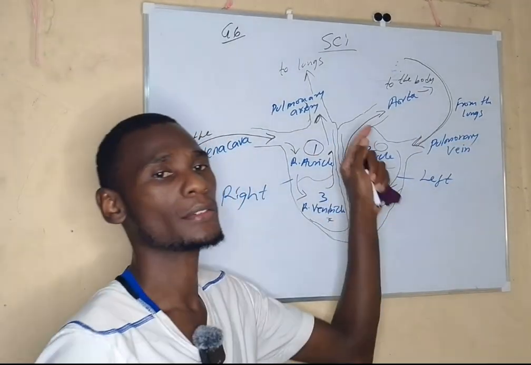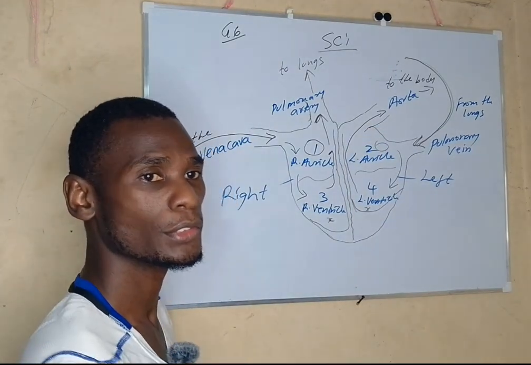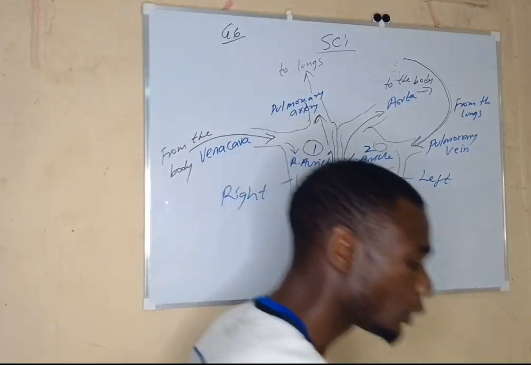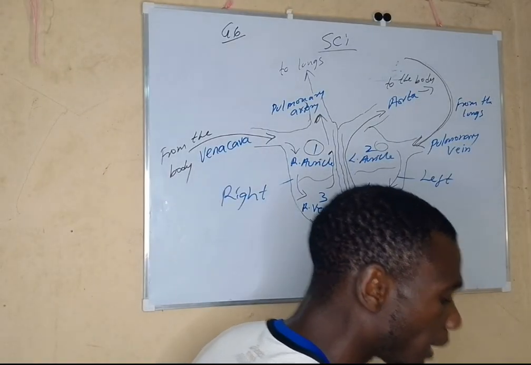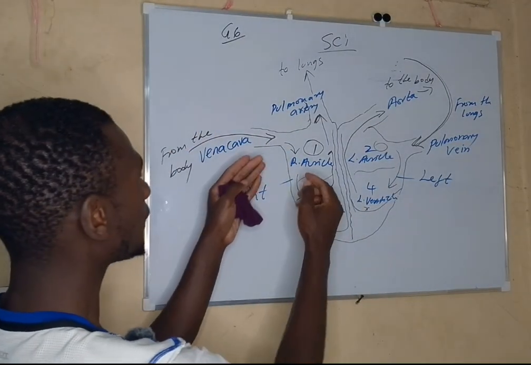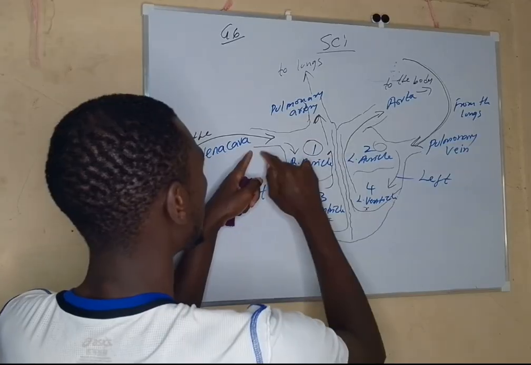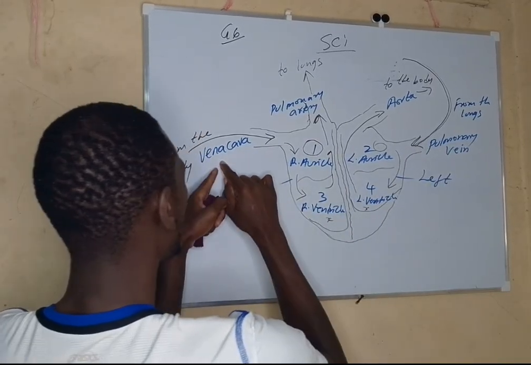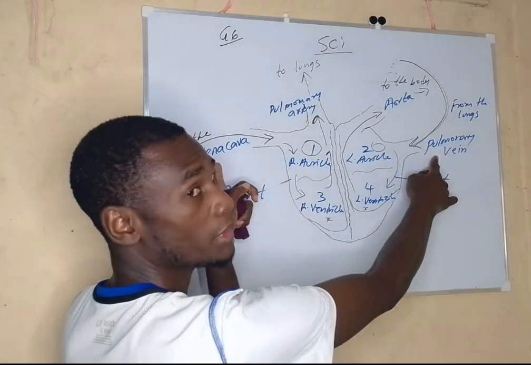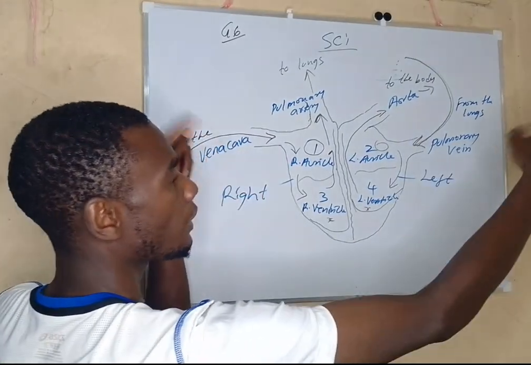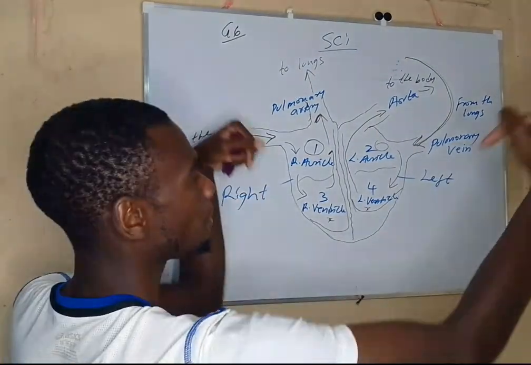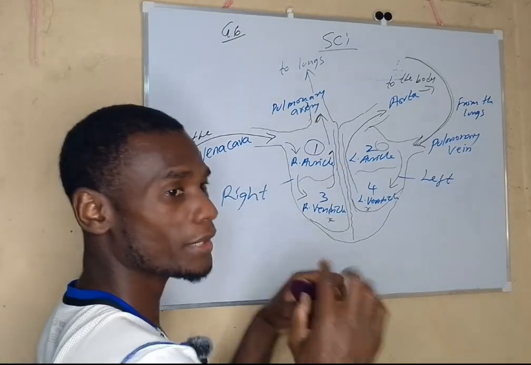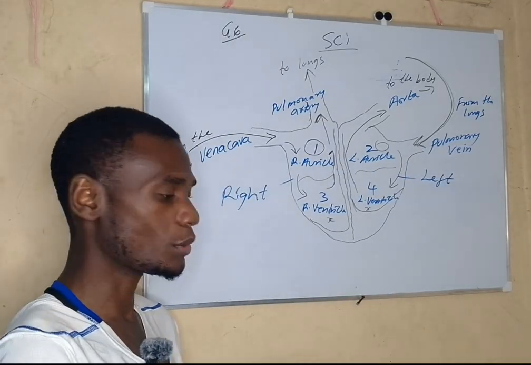Once you understand that flow, you are good to go. So you realize that we have these outer blood vessels, the vena cava and the pulmonary vein. The outer blood vessels bring blood into the heart. I'm trying to simplify this so that you don't have to read so many books.